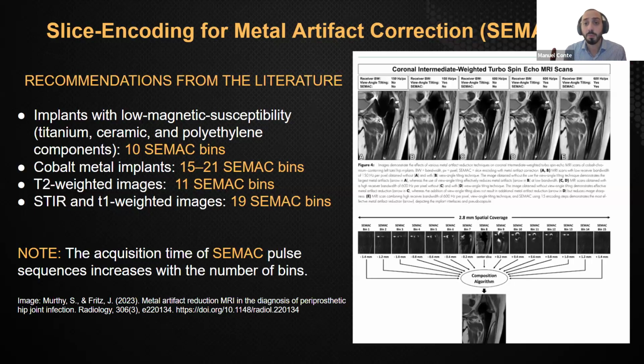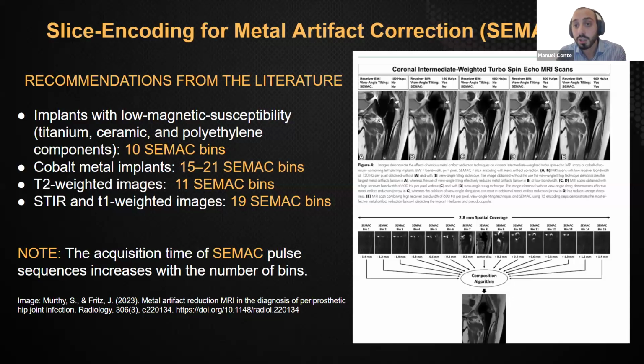So in the images on the top, you can see how using different techniques can improve the image quality a lot. At the beginning, we have a receiver bandwidth of 150 Hz per pixel, but we don't use VAT and we don't use SEMAC. So we can see the pile-up artifact, we can see the distortions.